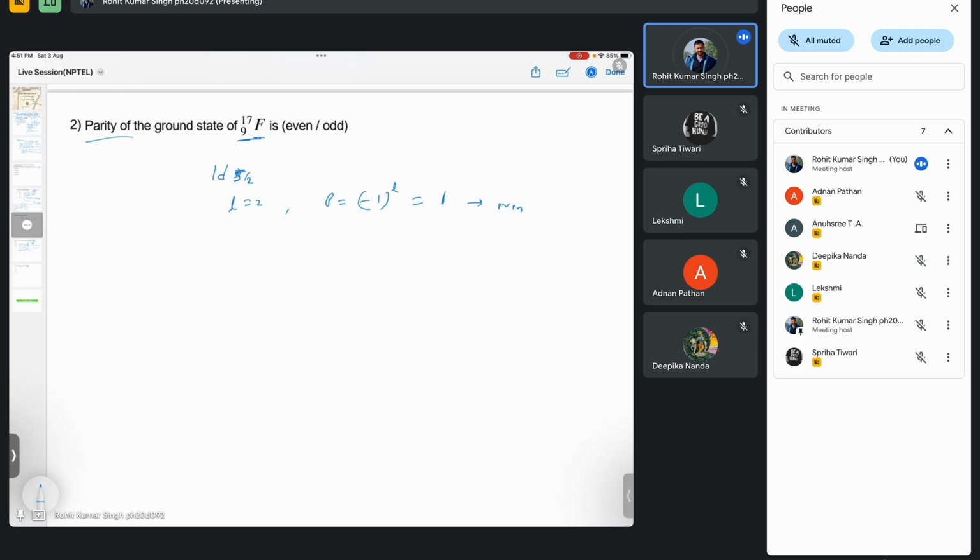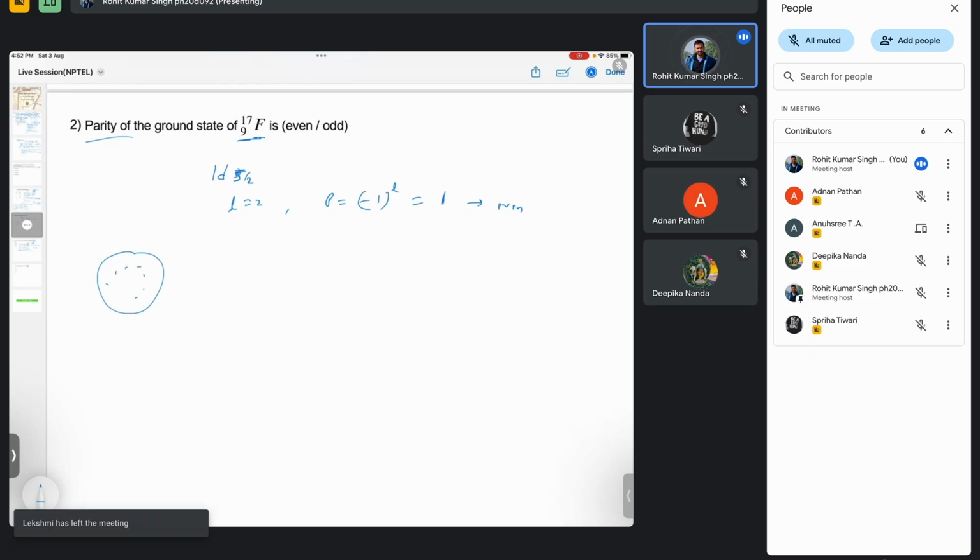So you take one neutron or proton inside a nucleus, and it depends at which place inside the nucleus this neutron or proton is lying.